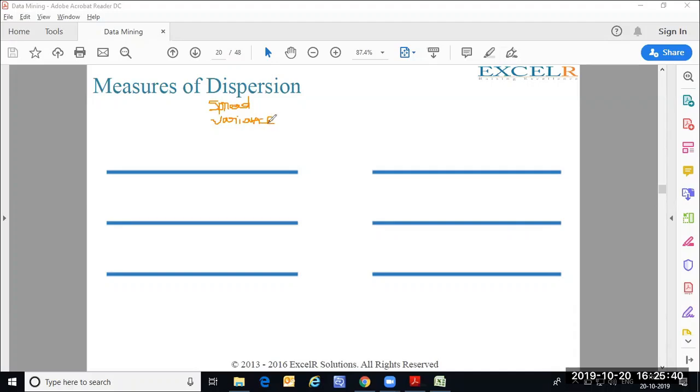And this is also called the second moment of business decision. Measures of central tendency is called the first moment of business decision. The measures of dispersion is called the second moment. But what exactly is the measures of dispersion going to tell, what kind of information is it going to reveal about the data, which cannot be revealed by the measures of central tendency?